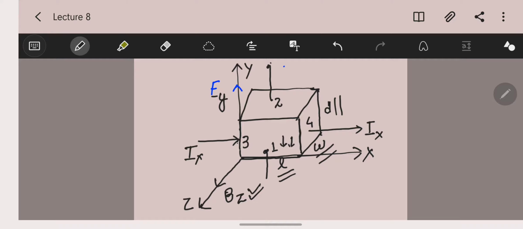This specimen has a current I flowing from 3 to 4, that is in the positive X direction, and the specimen is placed in a magnetic field whose direction is the Z direction, as drawn here. Is it clear? Because of this magnetic field and current, an electric field is going to be induced, and its direction is going to be the Y direction.